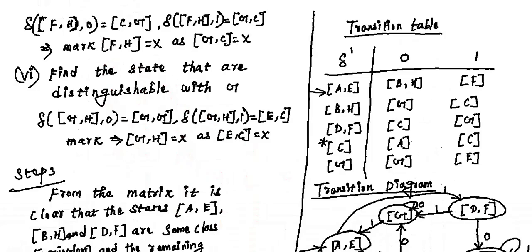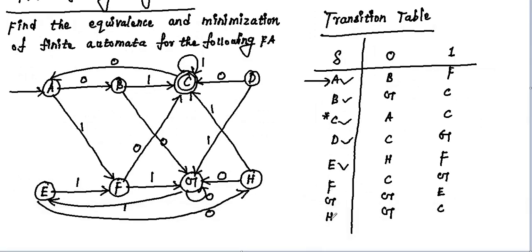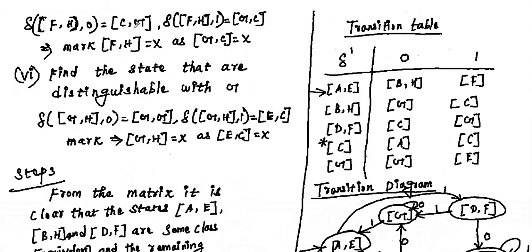Then next one, delta of FH and apply input 0, 1, FH0. See the transition table. FH0 is CG, FH1 is GC. Here you write CG, GC. In these two answers, CG, GC both are the same.